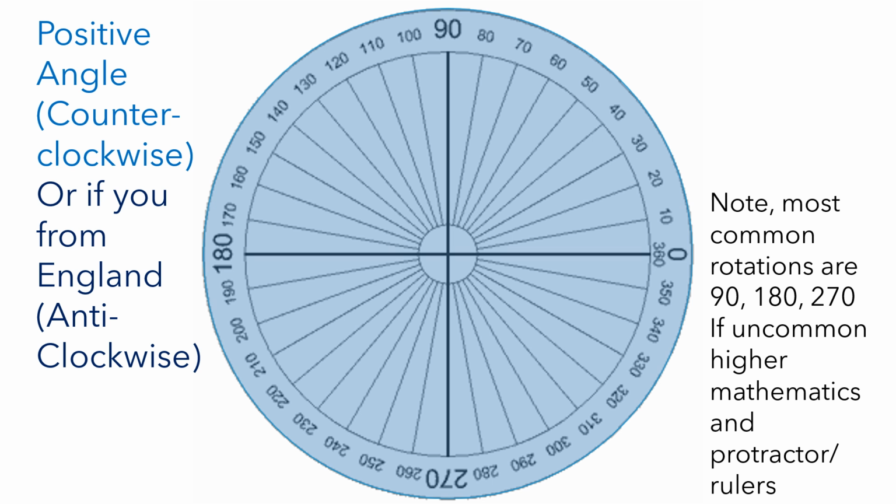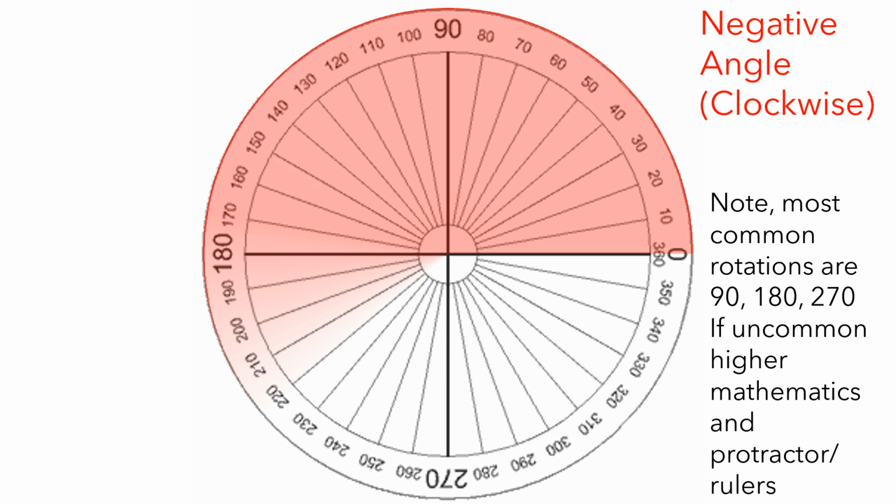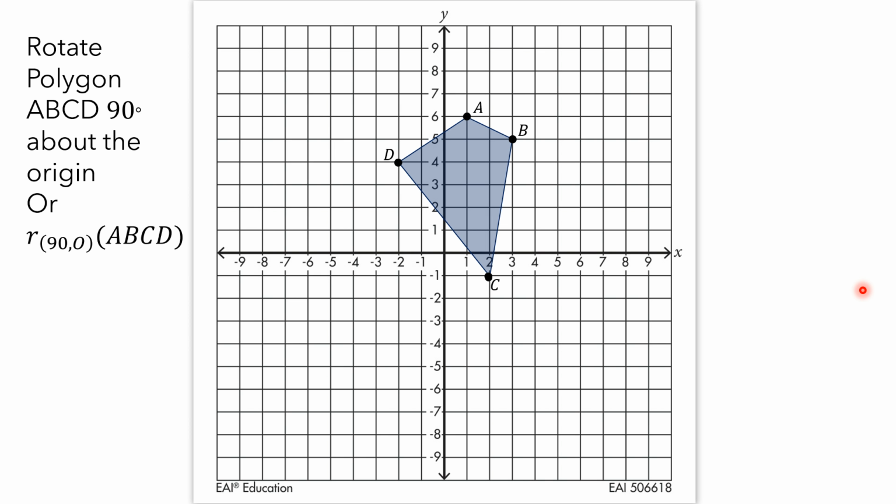Positive rotation goes counterclockwise, or anti-clockwise if you're from England, while a negative angle rotation is clockwise. That's something you want to be familiar with. Something else you should note is that 90, 180, and 270 will be all we're dealing with. Any other degree will be more uncommon, and you'll probably have to use a protractor to figure that out. It might be used in other math classes.